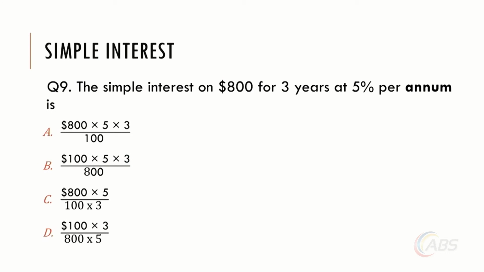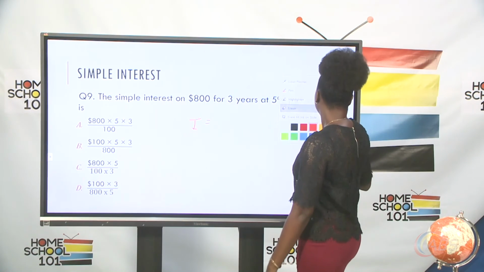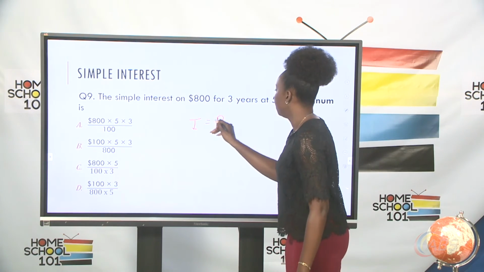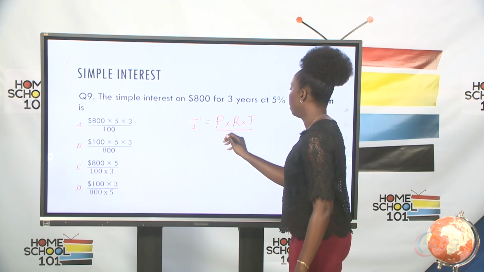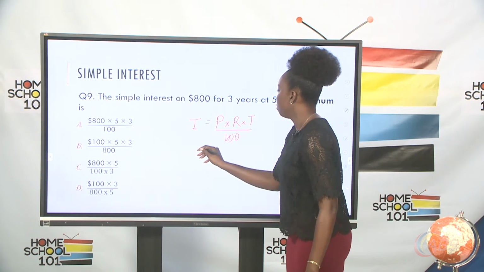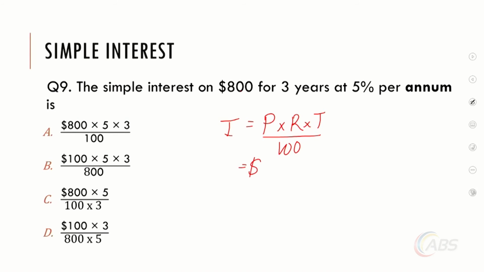So now we have to exercise our knowledge of the simple interest formula, and we know that simple interest is equal to the principal times the rate times the time over 100. Principal in this case is $800 because that's the amount to be invested.